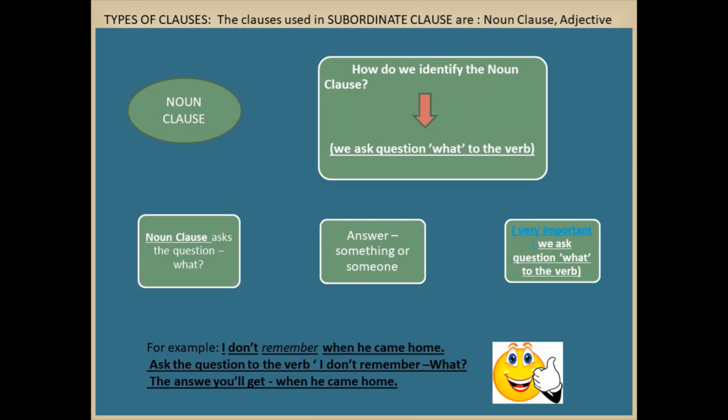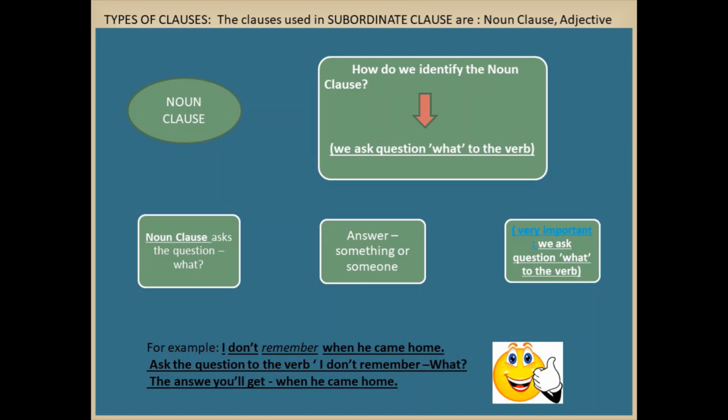Now, since this part 1 is all about the noun clause, let us focus on the noun clause. If you remember, when we discussed the noun phrase, there were a few hints, a few tips that we discussed to identify the noun phrase. Exactly the same tips would be required when you deal with the noun clause.